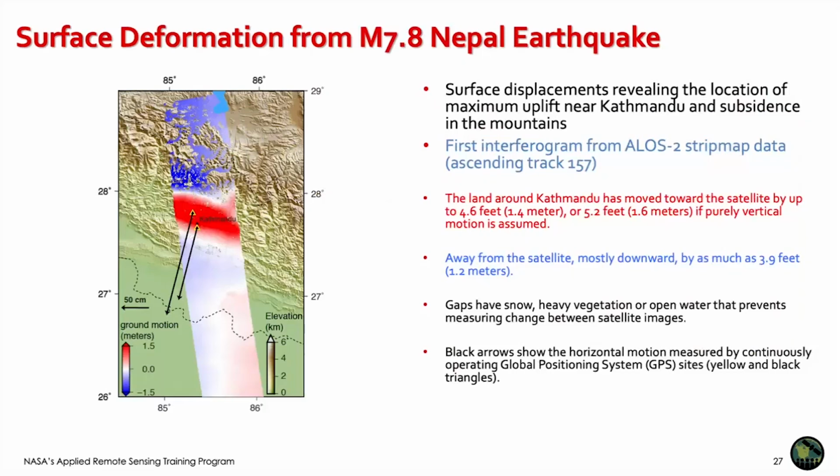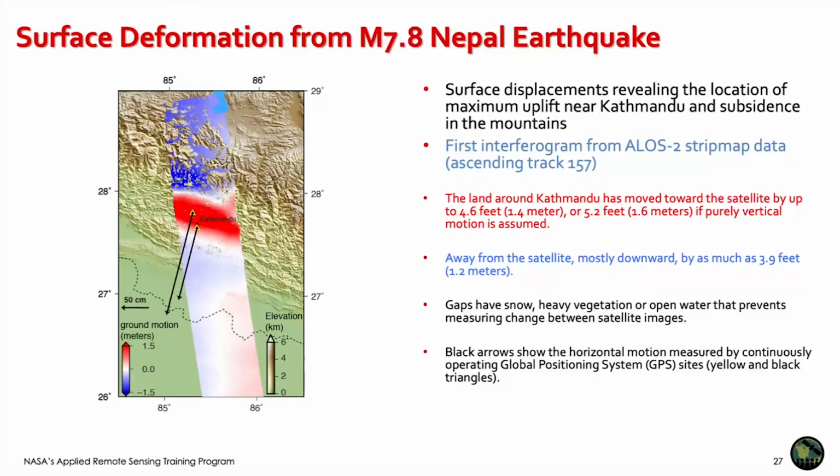So the first data that we got from InSAR for this earthquake was an interferogram from the ALOS-2 strip map mode. The JAXA ALOS-2 satellite radar, PALSAR-2, has several modes, including a strip map mode, or fine beam mode, where it has a 70-kilometer wide swath.